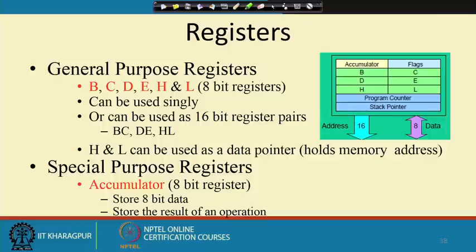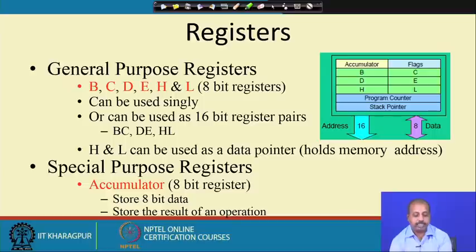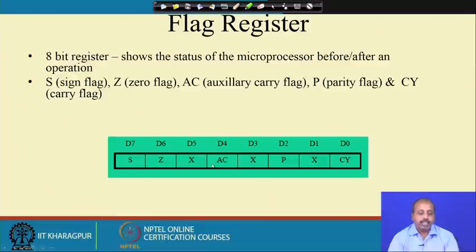Apart from that, there are special purpose registers. One such special purpose register is the accumulator. The accumulator is an 8-bit register, and it normally stores the first operand as well as the result of any operation. Another special register is the flag register. While doing arithmetic logic operations, various exceptional situations can occur. For example, when I am storing a number, the number may be positive or negative.